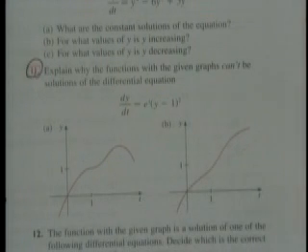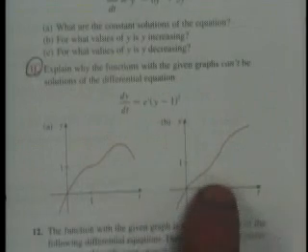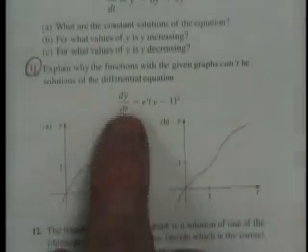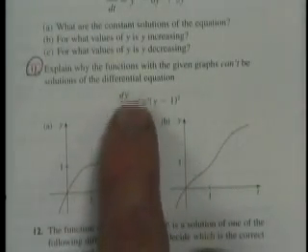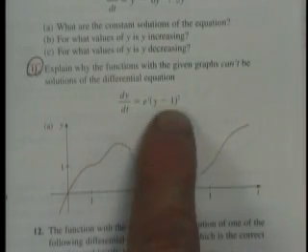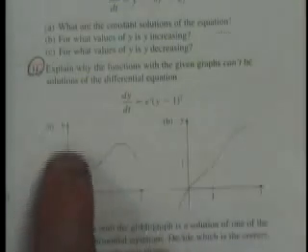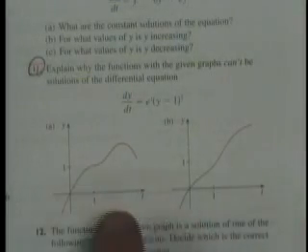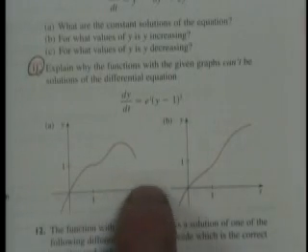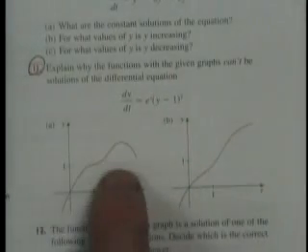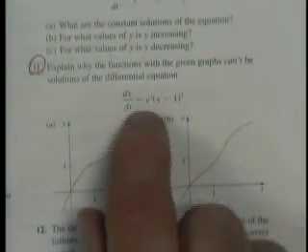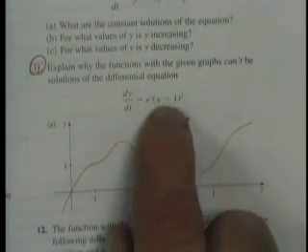Okay, so for these situations, we're supposed to look at these graphs and explain why they can't be solutions to this differential equation, which says dy/dt equals e^t times (y minus 1) squared. Now, one thing would be if we're in this first quadrant, both t and y are positive, and so e^t would be positive.